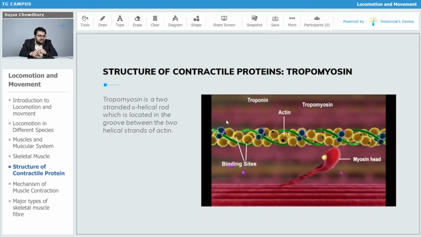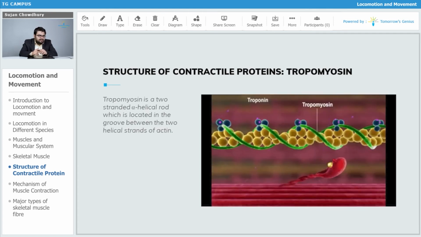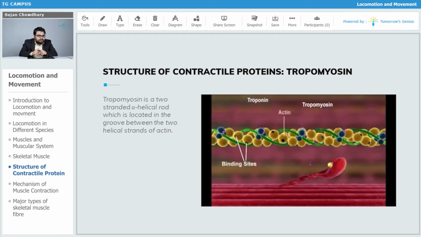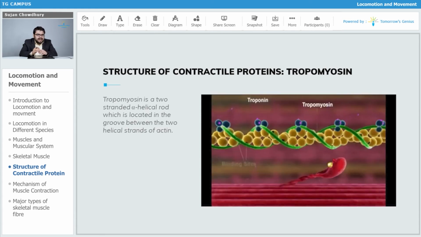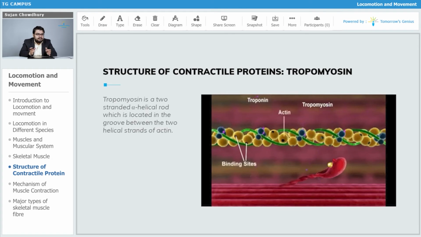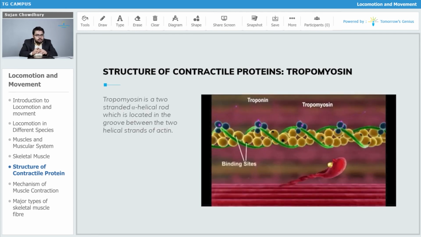So we are having helical strands of actin, and in between we have the groove where tropomyosins are visible. So tropomyosin is nothing but a two-stranded, elongated long structure. It is an alpha helical rod that is present in the groove between two helical strands of actin.